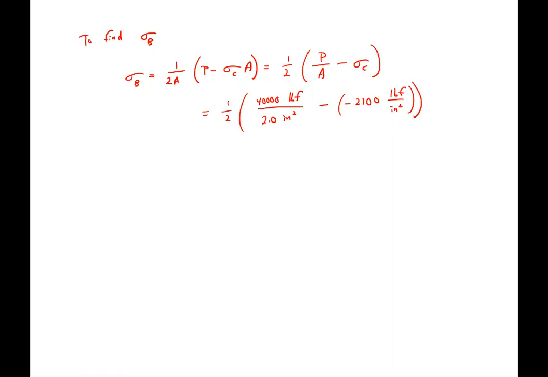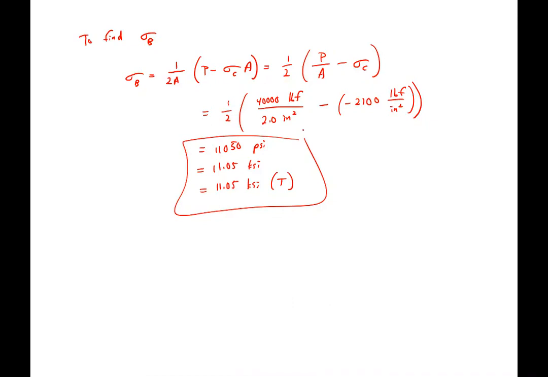That's the sigma C we came up with earlier. That's going to give us 11,050 psi, which is 11.05 ksi in tension. So there's our sigma B.